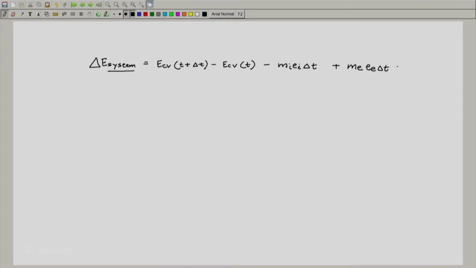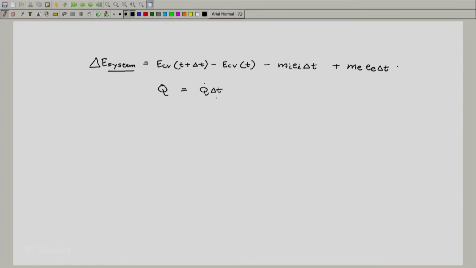So, this is just rewriting our previous equation. Now we will consider expressions for the heat transfer and the work transfer. So, in our expression Q during the process, that is a process which goes from t to t plus delta t, is nothing but Q dot times delta t.